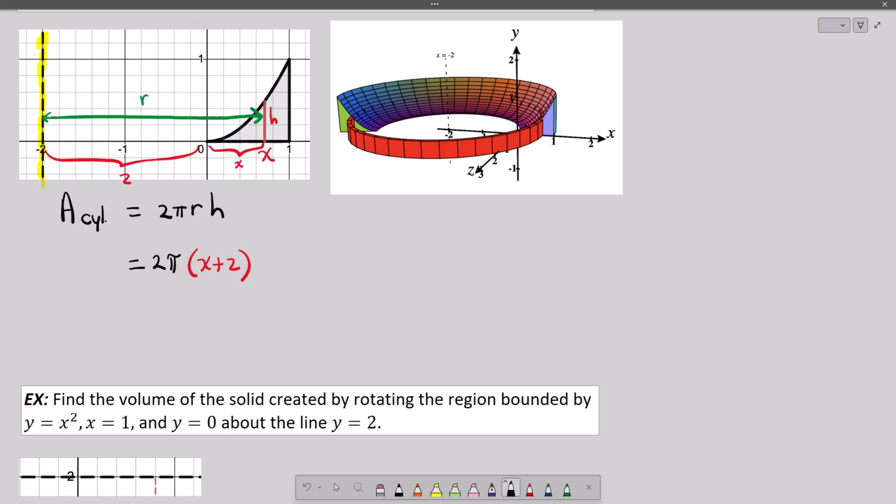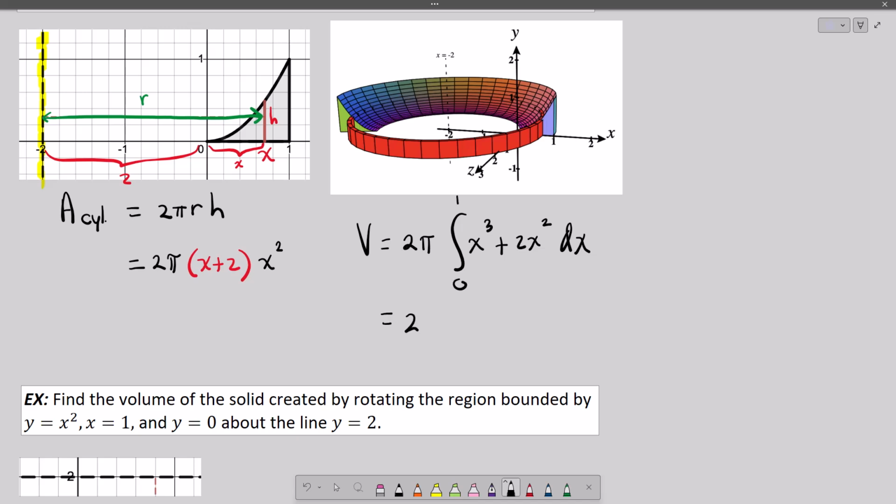And then your height is vertical, and it's whatever the function is, which was x squared. So there is our cylindrical area. Once we have the area, the volume's pretty easy because we just integrate. We just have to make sure we have the limits of integration right. I'll distribute this x squared, giving x cubed plus 2x squared. The limits of integration come from our region sliding across from 0 to 1.